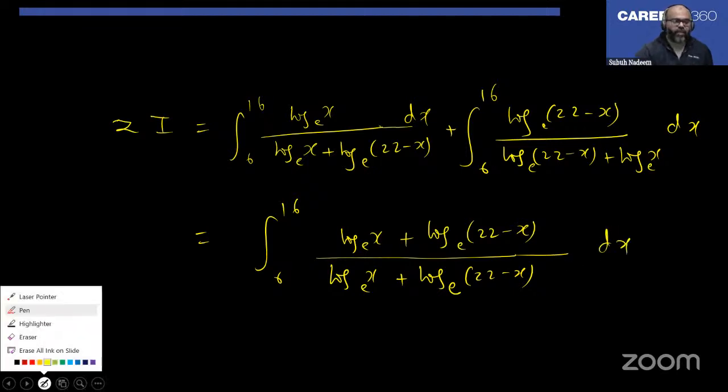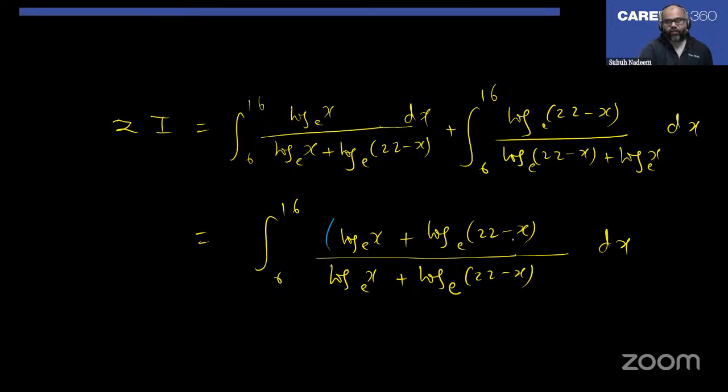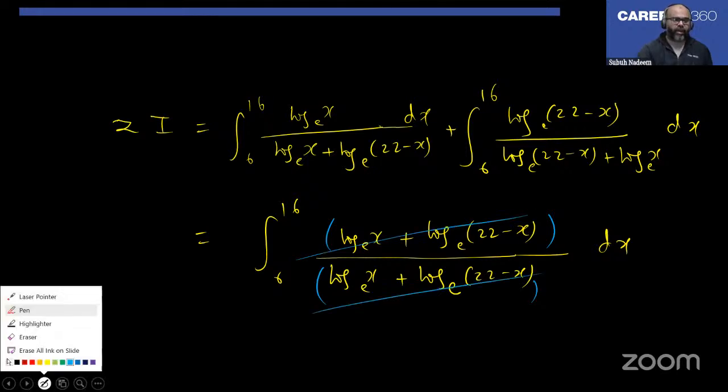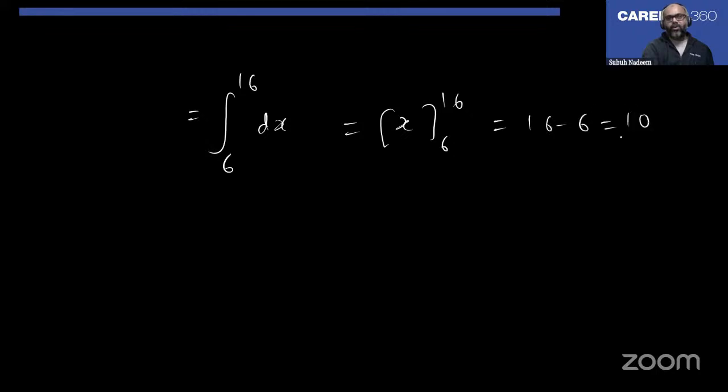Now what is happening, as you can see here, this term and this term, they are same. They will get cancelled. And when you cancel them, you will get integral 6 to 16 dx, which is x from 6 to 16, which is 16 minus 6 is equal to 10. So this would be the answer here.